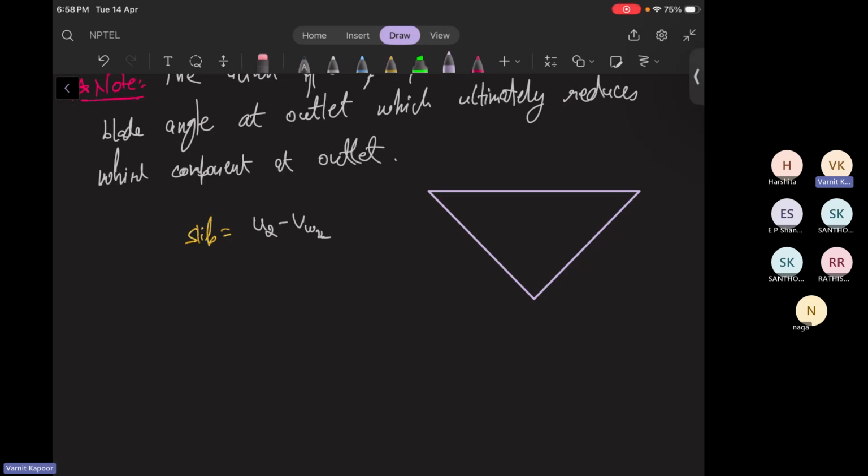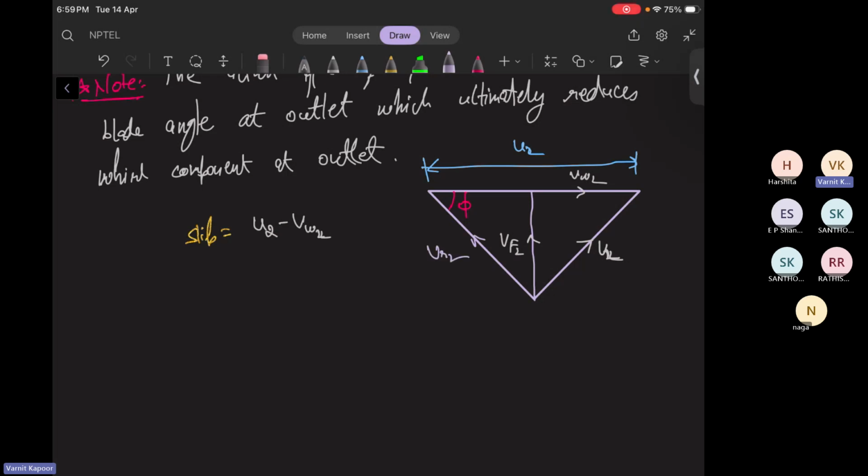So how was your velocity triangle at the outlet looking? This was your V2, then I had VF2, VW2. This complete was U2. This was your angle phi. This was VR2.